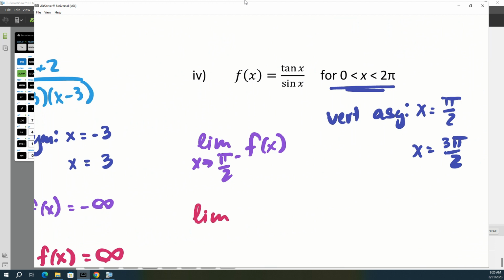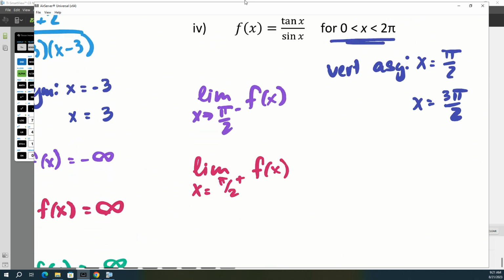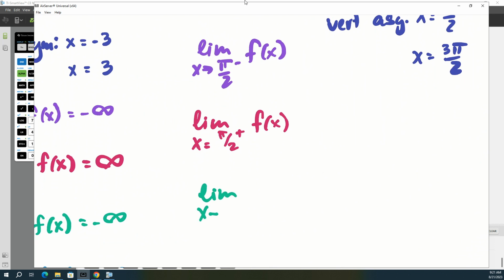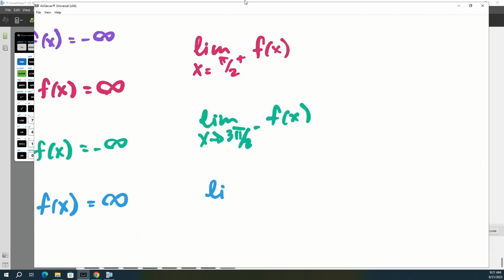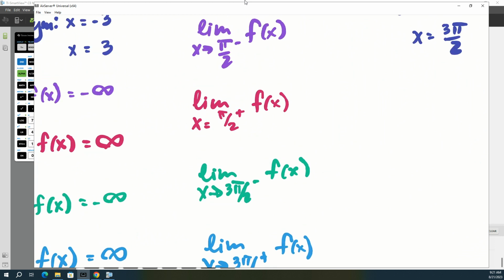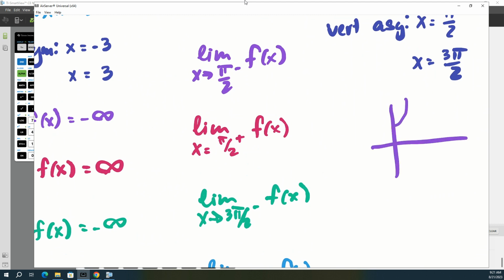But we're just going to use that graph and answer them real quick. All right, so you guys use the graph and you figure out if these are infinity or negative infinity, please.